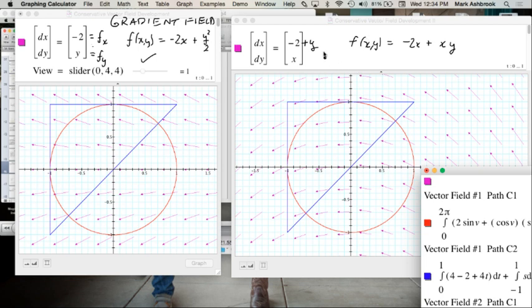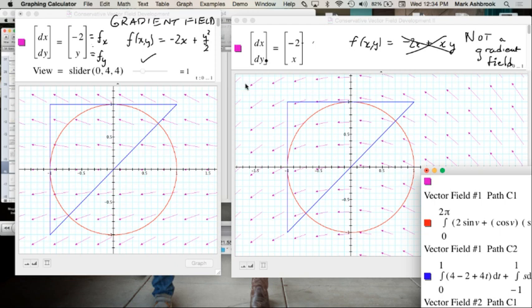So there's no way to write a potential function, a multivariable function, whose gradient is this field. Not a gradient field. It's worth thinking about. Okay, so that's not a gradient field.